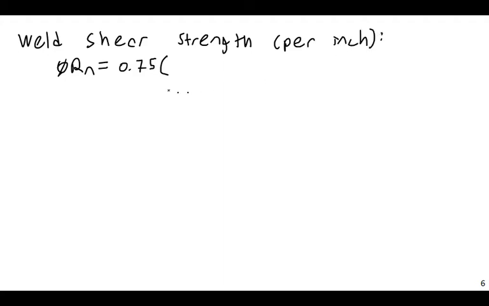The weld shear strength per inch is going to be 0.75 times 0.707 times the width of the weld times 0.6 FEXX. Well, let's discuss this and what this means.